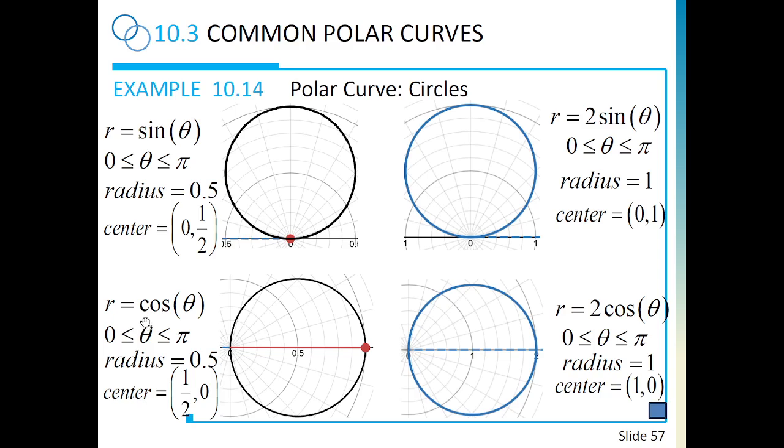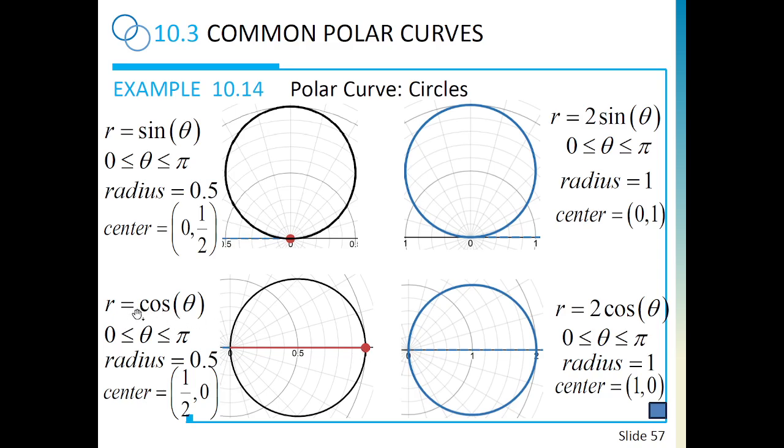r equal cosine theta. So now we are on the x-axis, because if you try to plot it, cosine 0 is 1, so we are here. Then you come back here at pi over 2, and when you complete to pi, you're getting back here. So here again, the radius is half of the number in front.